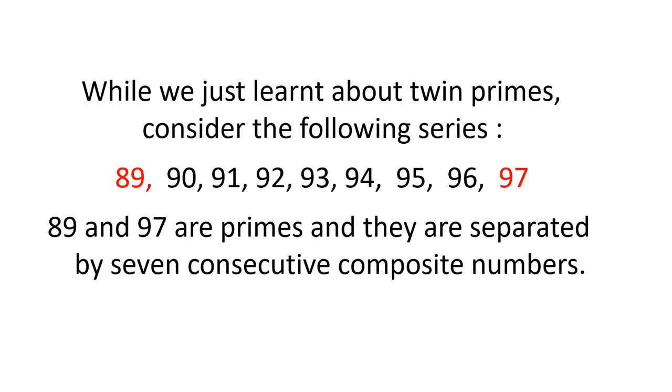That is, between 89 and 97, from 90 to 96 are 7 composite numbers. So dear students, if you are called upon to give an example of a pair of prime numbers separated by 7 consecutive composite numbers, you can give this example of 89 and 97.